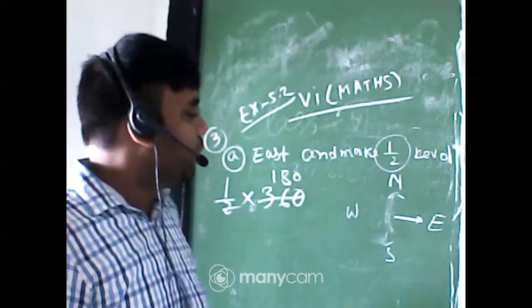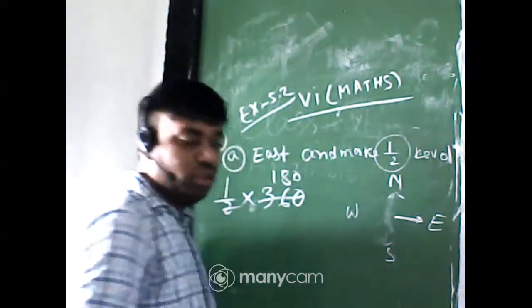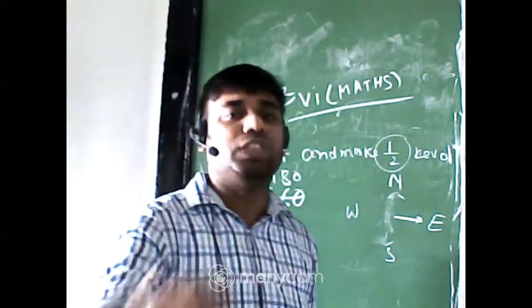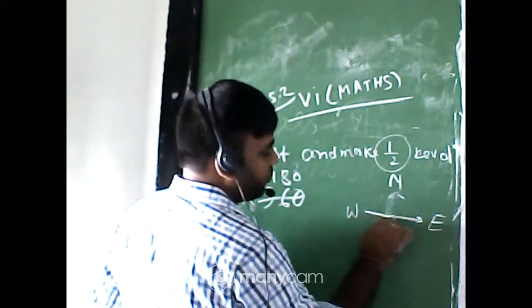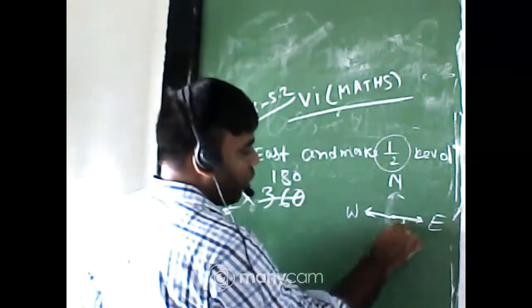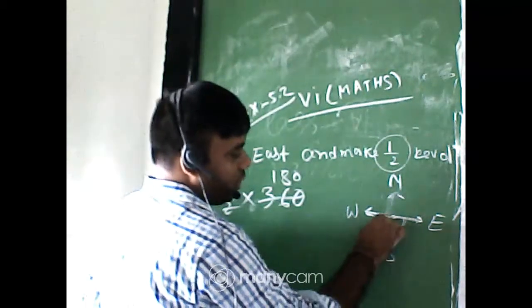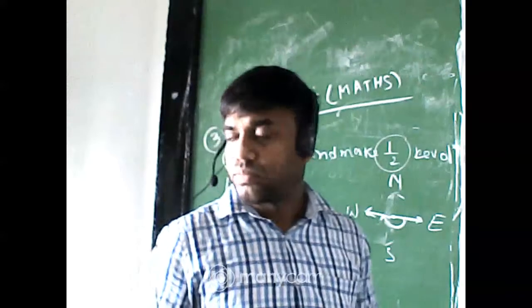Initially we are at east, and 180 degrees means just the opposite direction, that is west, so the direction will be west. Clockwise means along this direction, and that angle is 180 degrees. Got it, everyone?